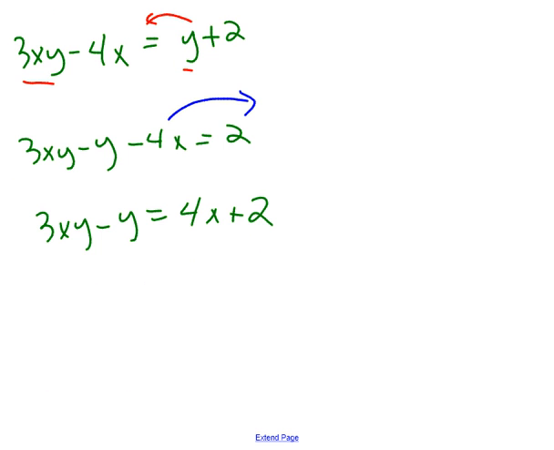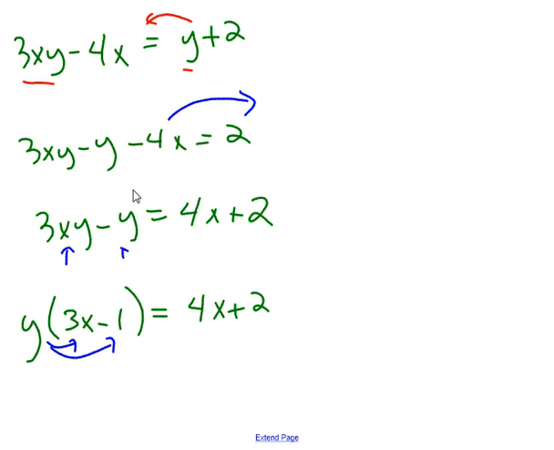Now I need to get y alone. So these things both have a y. I am going to distribute out that y, factor it out. And what's left is 3x minus 1. Hopefully you can see that if you distributed in, you'd get 3xy minus y.